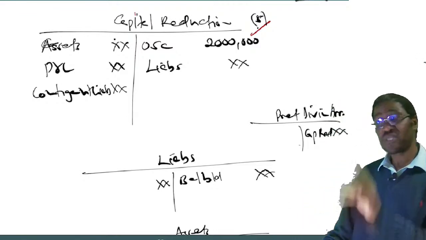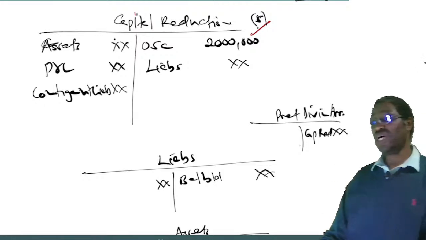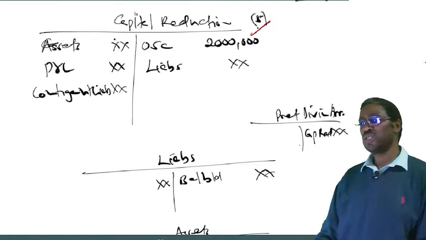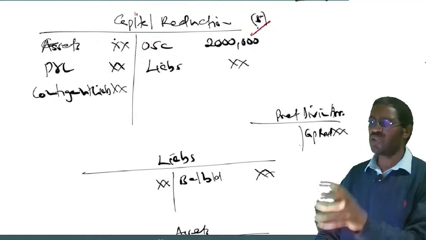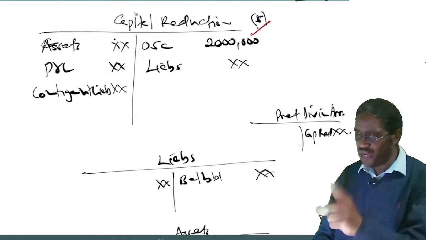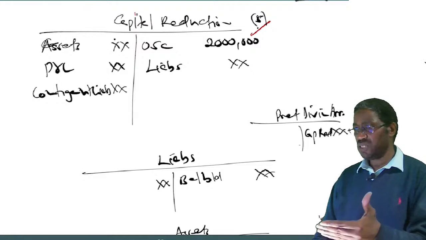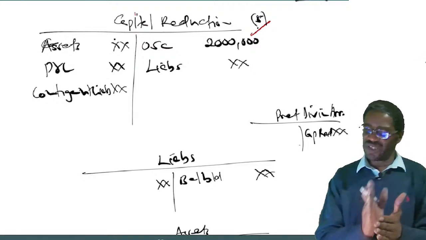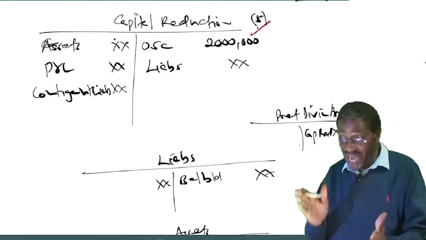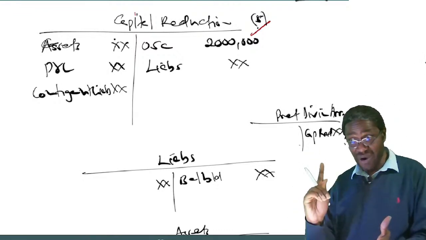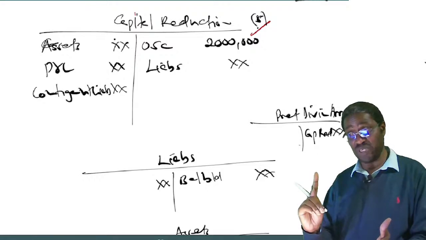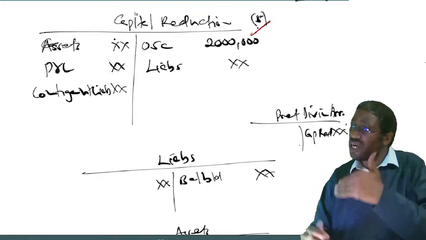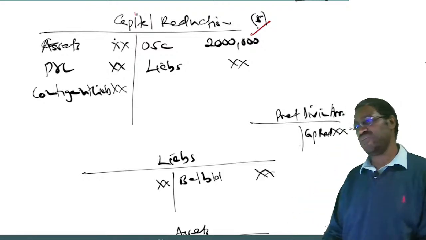Listen, some questions go further and they tell you that the contingent liability was paid for immediately. The moment we decide to start reconstructing the company, the first thing we did is to capitalize it, make it a liability, which is now in the books. Then the stakeholders decided to pay for it immediately.